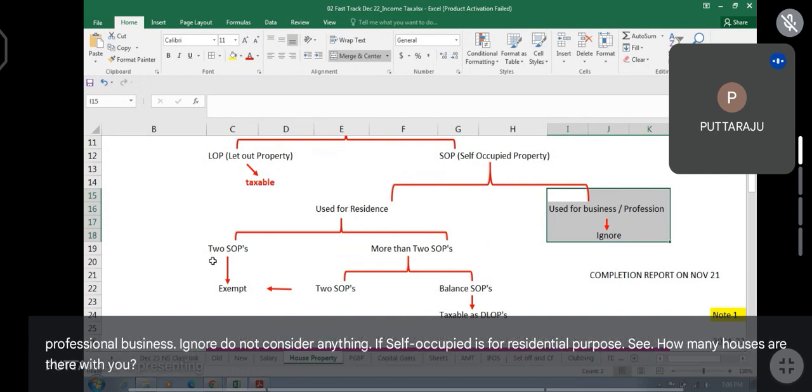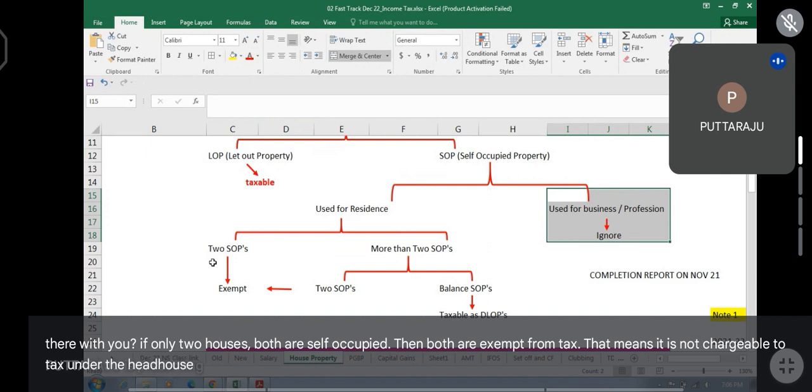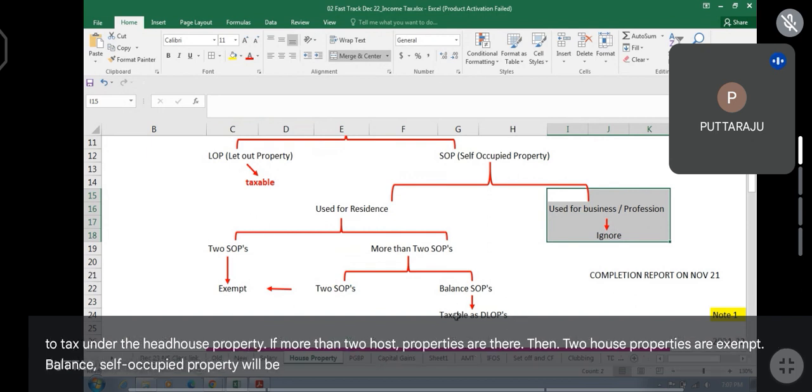If only 2 houses, both self-occupied, then both are exempt from tax. That means it is not chargeable to tax under the head house property. If more than 2 house properties are there, then 2 house properties are exempt. The balance self-occupied property will be taxable as deemed to be let out. I explained over here.